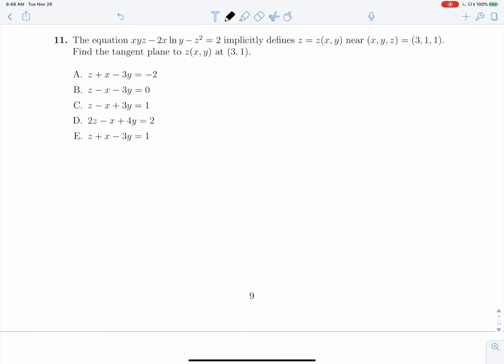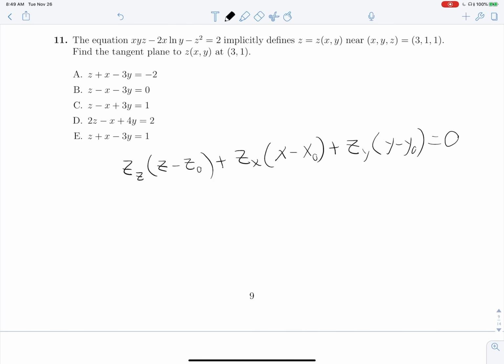So we know that this tangent plane, because everything's implicitly defined over here, is going to take the form z sub z, z minus z naught, plus z sub x, x minus x naught, plus z sub y, y minus y naught, and then that is going to be all equal to 0. So let's find these things.